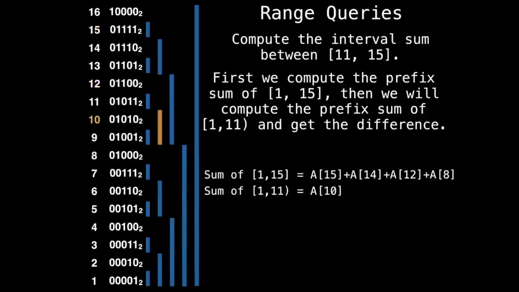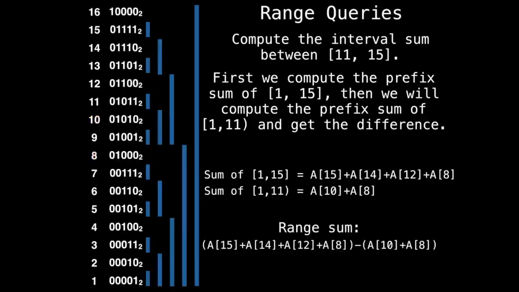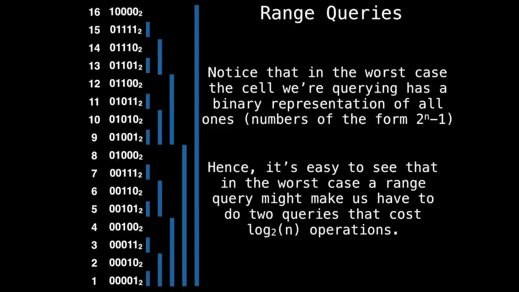Now the prefix sum up to 11 non-inclusive, so we're going to start at 10. Then we cascade down until we hit 0. 10 has a range of responsibility of 2, so subtract 2 from 10. We get to 8. 8 has a range of responsibility of 8, so 8 minus 8 is 0. So now the range sum is the sum of all the indices of 15 minus those of 10. And that's how we would calculate the range sum.